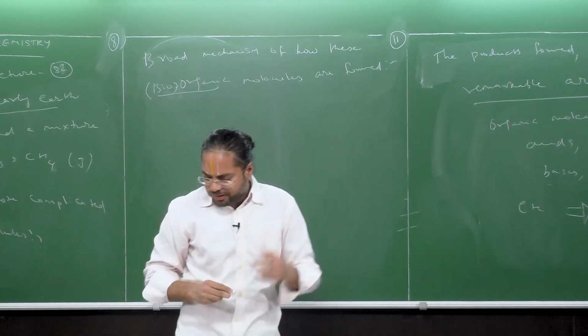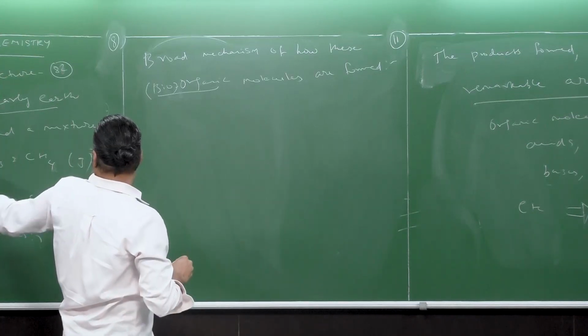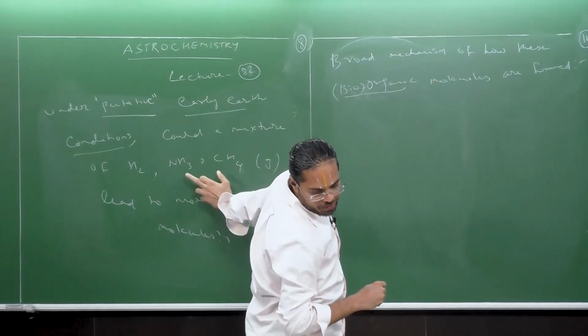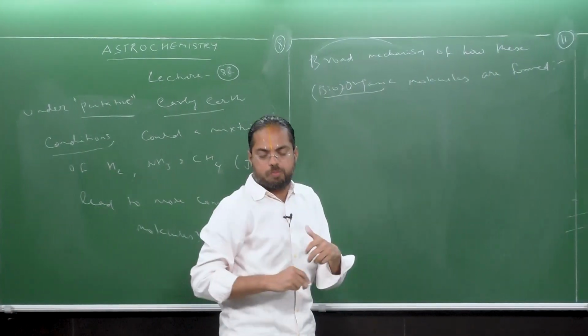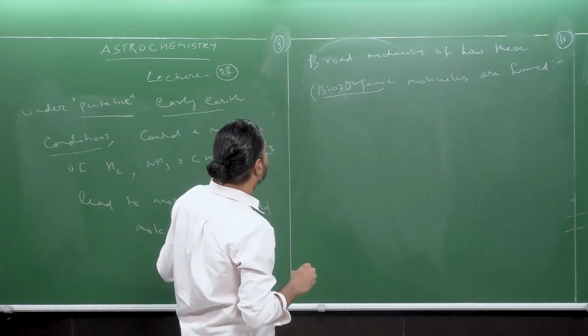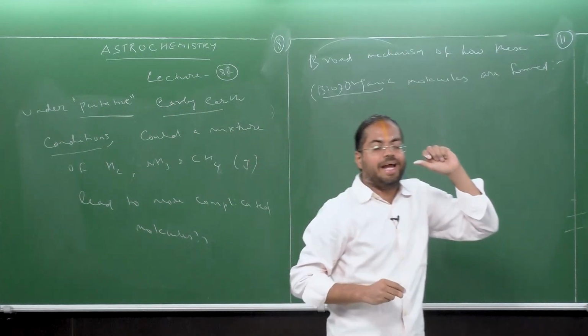So the first thing is, starting from H2O, you have H2, ammonia, and methane. The first thing we shall look into is how you get HCN.